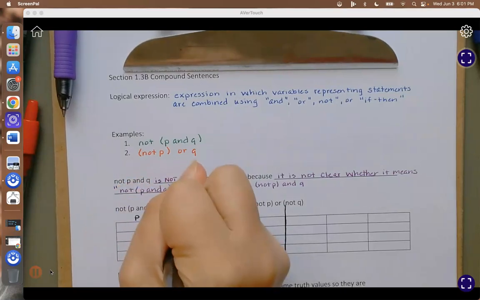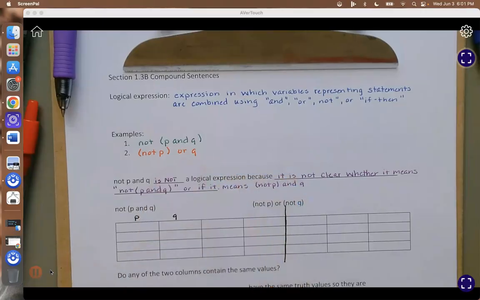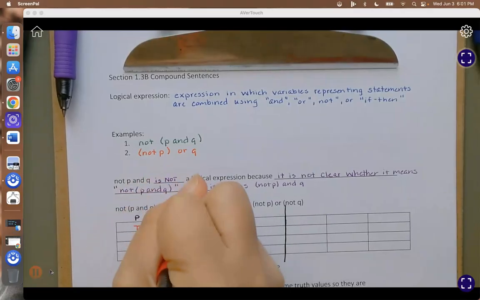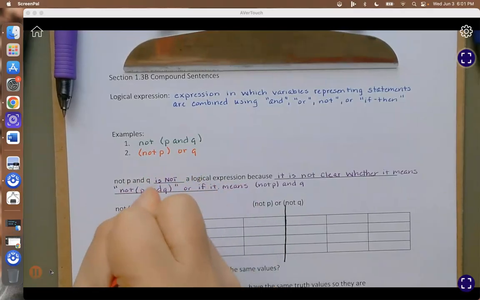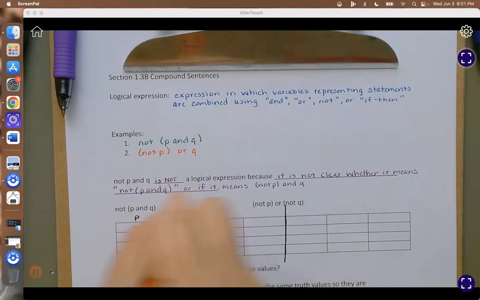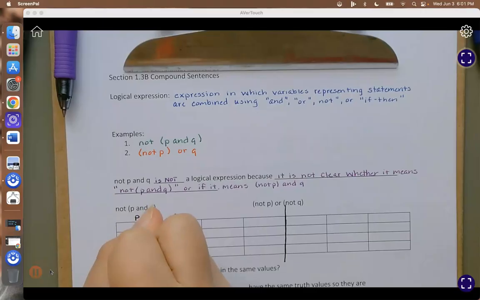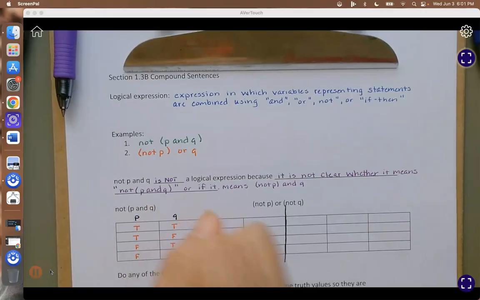So we have P, Q. Remember that P and Q is always true, true, true, false, false, true, false, false.